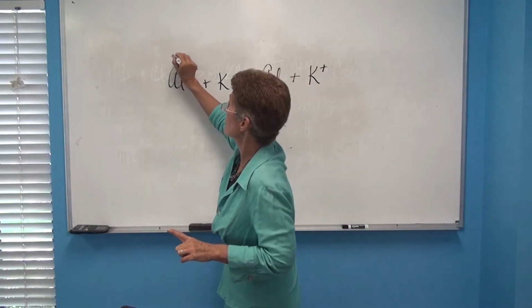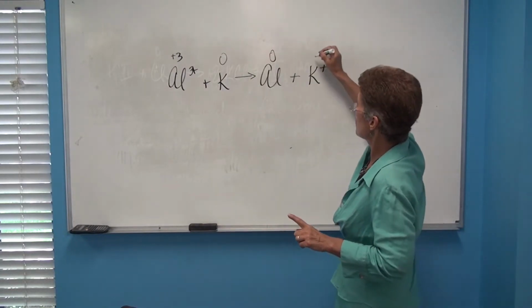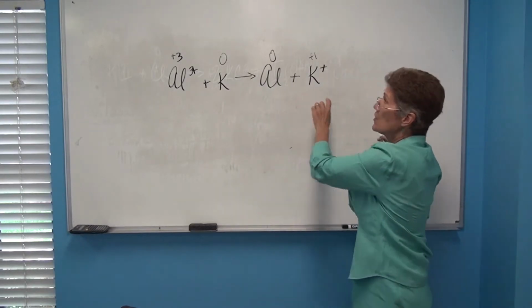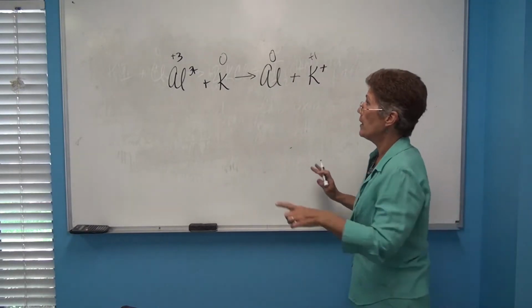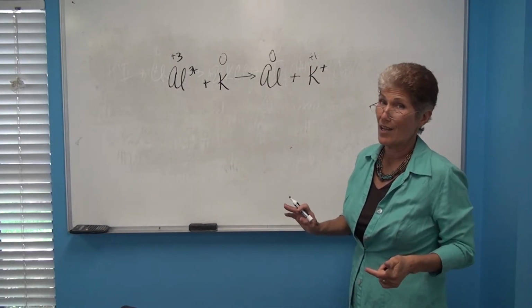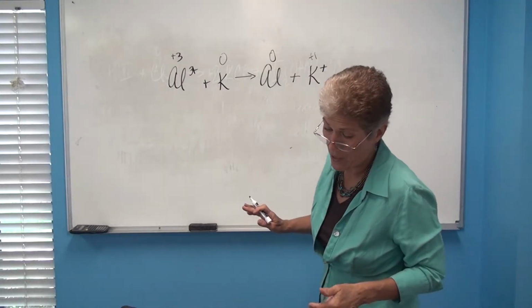So this has a plus 3 oxidation number, this is 0, and this is plus 1. That means potassium is losing 1 electron, but here aluminum is gaining 3 electrons. So this equation is definitely not balanced. The answer would be no.